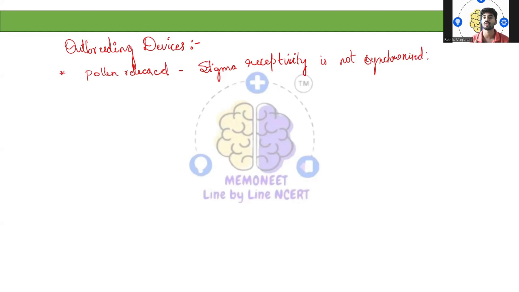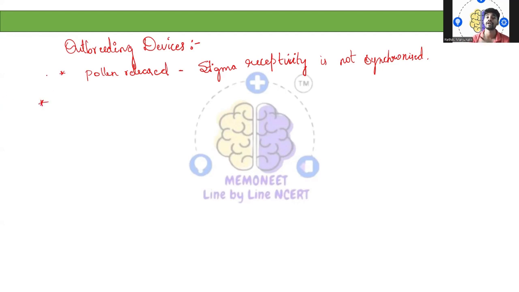That means when the pollen is released, the stigma will not be able to receive it. Or when the stigma is ready, the pollen grains will not be released in the same flower or in the plant.